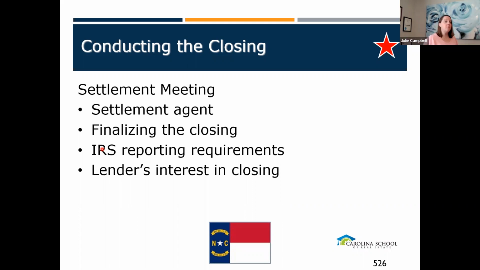And that buyer at some point will look at you and say, do I have to hire an attorney? And our answer is, if you're buying a home that's located in the state of North Carolina, yes, because we are a settlement meeting state.